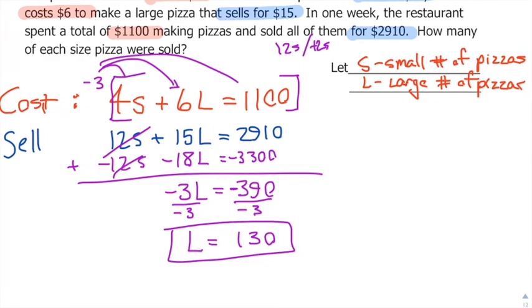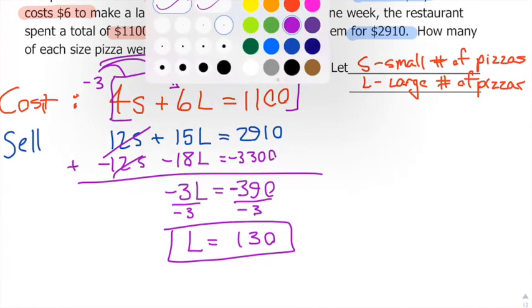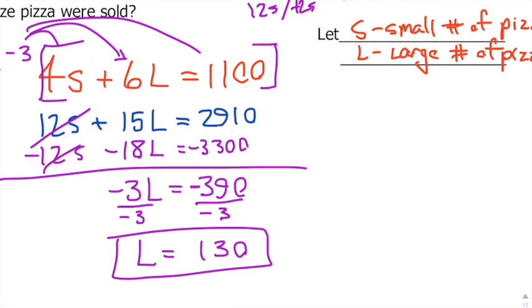We still need to find the number of small pizzas here. We can do that by plugging back into one of our equations. So I'm going to go 4S plus 6 times L equals 1,100.